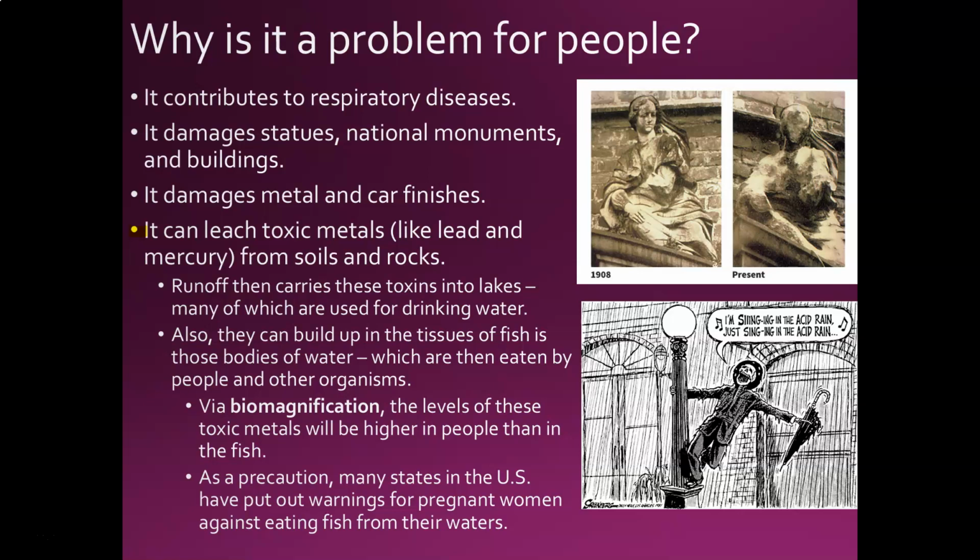Then also, just regular rainfall and runoff will carry these generally toxic heavy metals into the lakes and waterways, where they can be passed up the food chain through biomagnification. So biomagnification becomes an issue again as we're taking these toxic metals and moving them up the food chain.